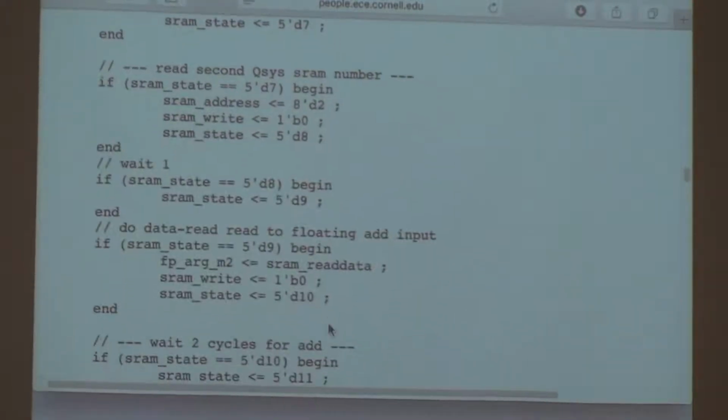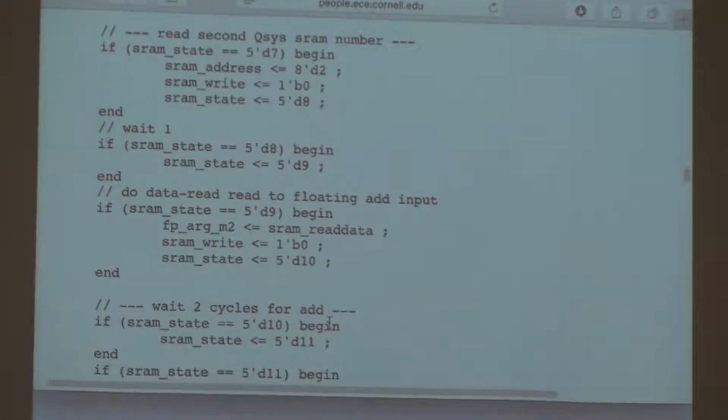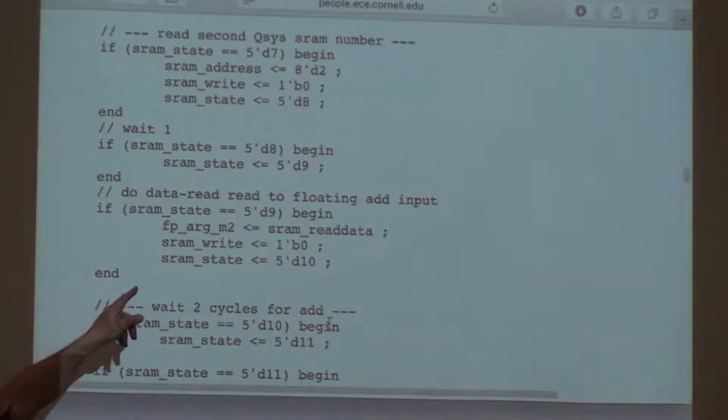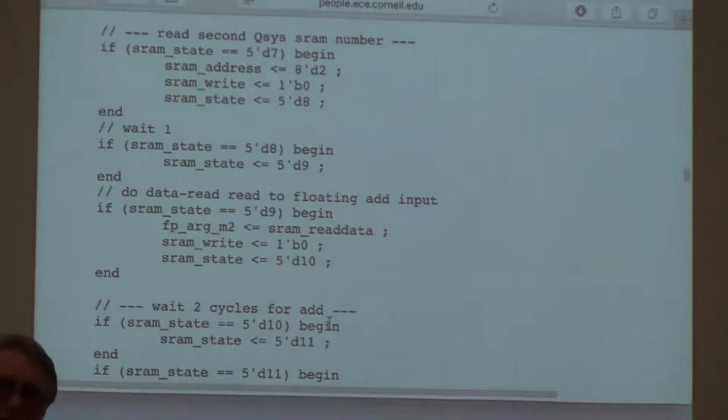Three more states to read the second argument. Set up the SRAM address to 2, wait, read back the data into argument 2. 2 cycles after that, the floating point sum is available.